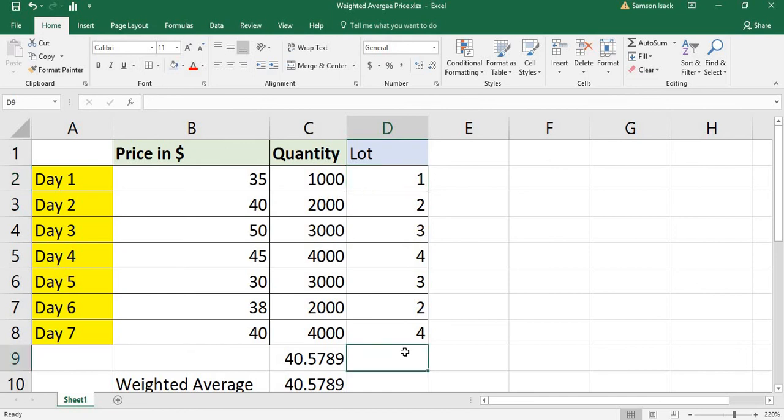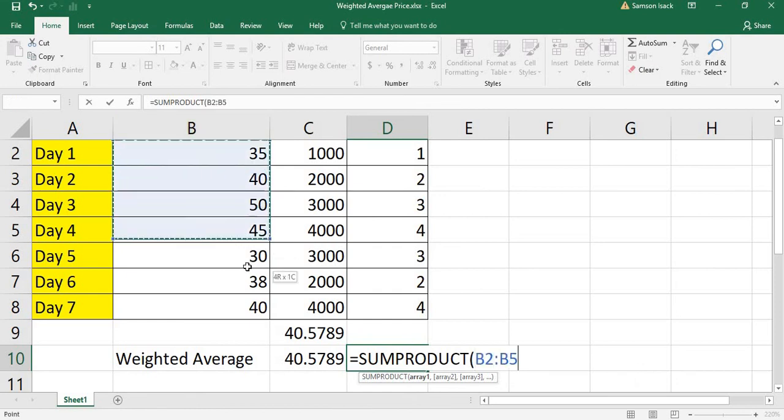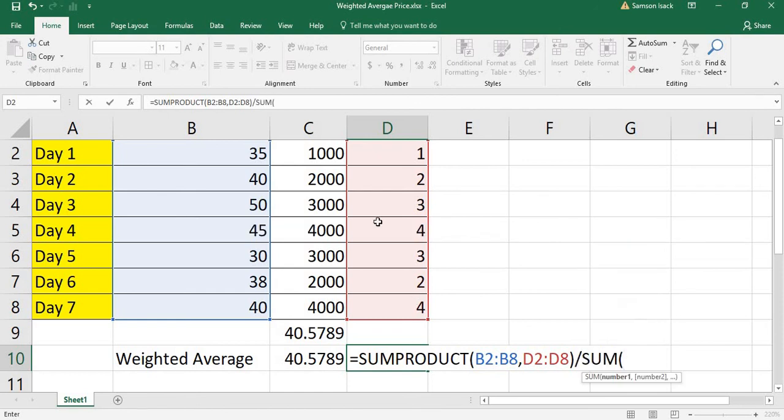Also in the same way you can calculate it with SumProduct. This is the first array, the price, and the second array is the lot, divided by the sum of the lot.